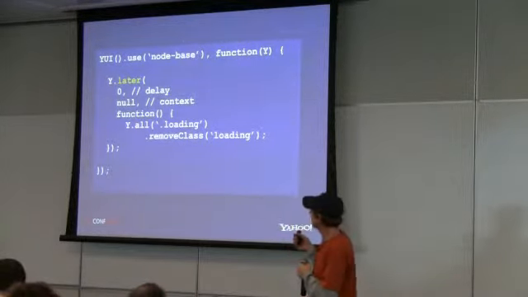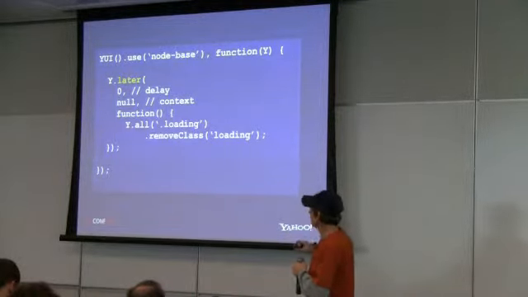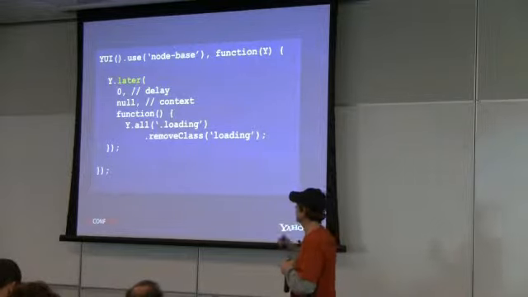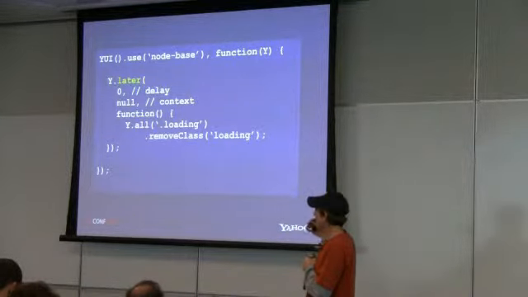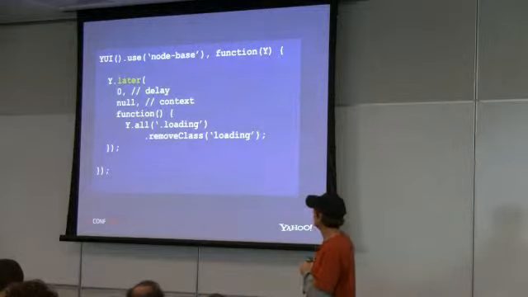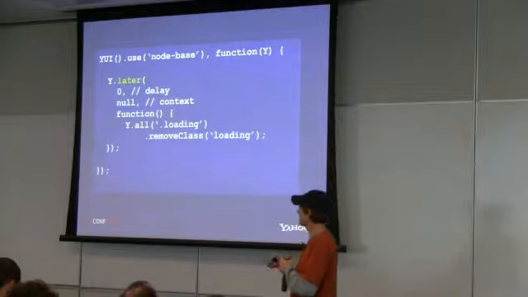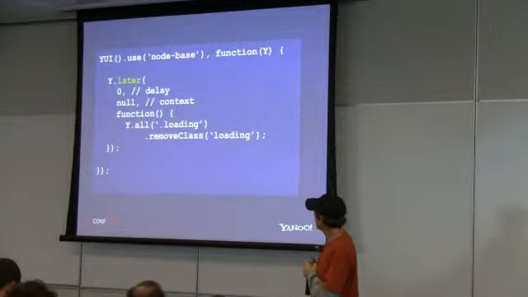So in this case, we're saying, okay, in 0 milliseconds, run this function with null context. You can actually change the context if you want to set this to something different. And that kind of comes in handy if you've got methods that are scoped to instances.